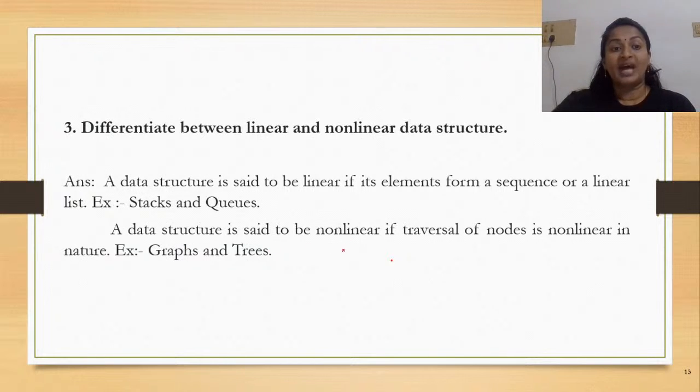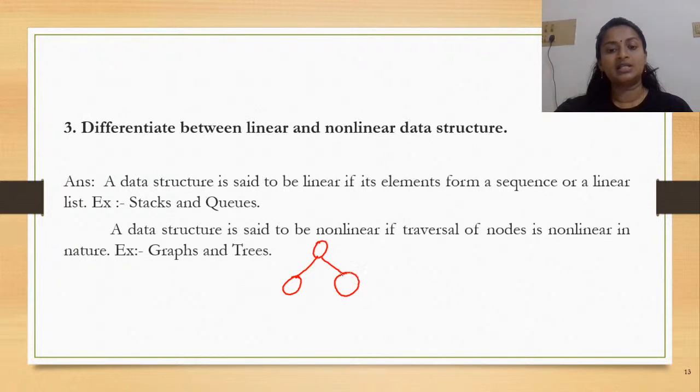So, back to our question, we were discussing the linear and non-linear data structure. When a data structure is non-linear, it means the traversal of the nodes is definitely non-linear. You can travel in any direction provided there is connectivity in the paths. A tree or a graph would look something like this.